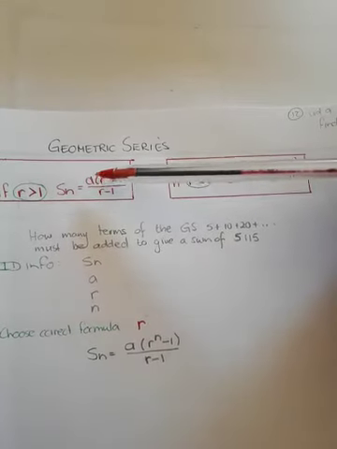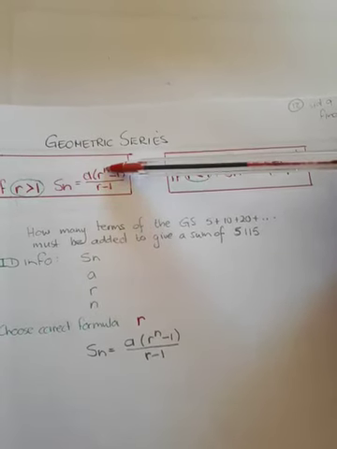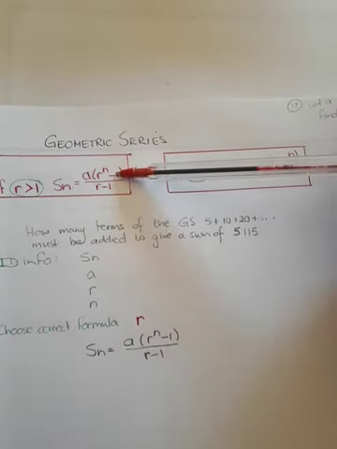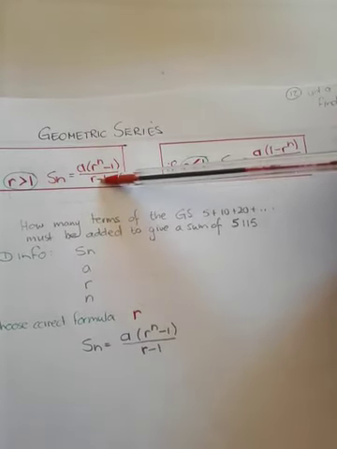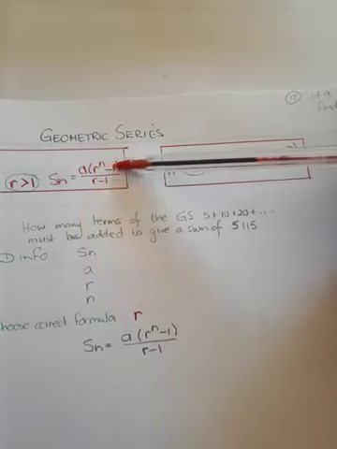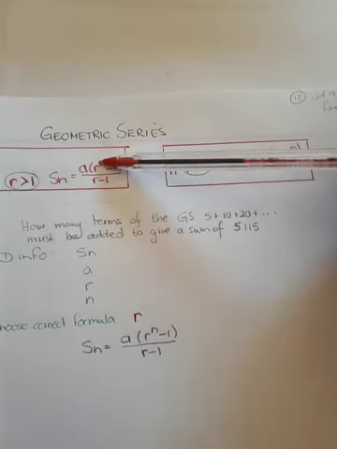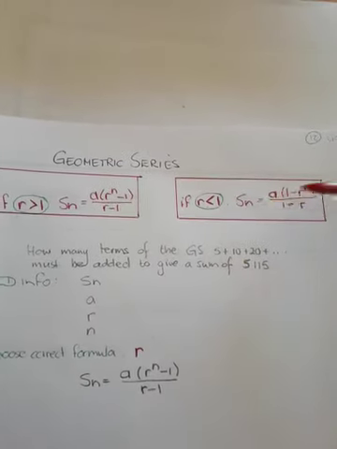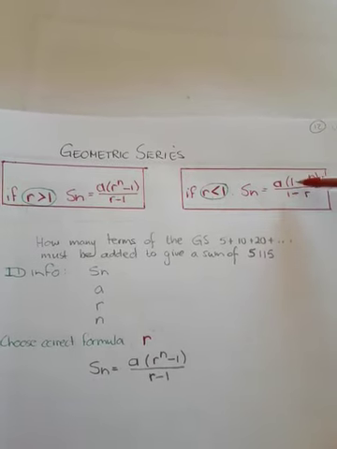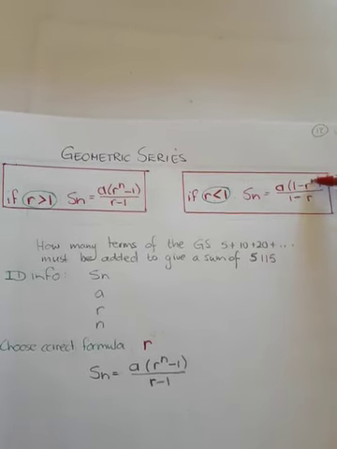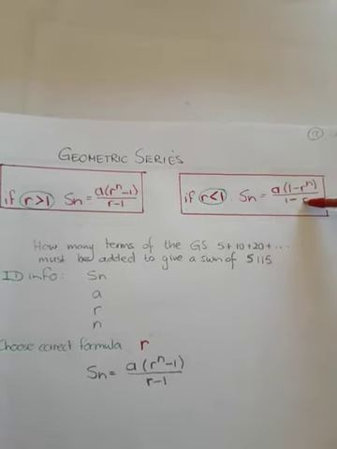Okay, now comes the difference that you say slowly: brackets r to the power of n minus 1 over r minus 1. That you say fast again because it is basically the same as the top. We just don't have the exponent. All right, so when you look at the other one, you would say Sn equals A, brackets, 1 minus r to the power of n over 1 minus r.